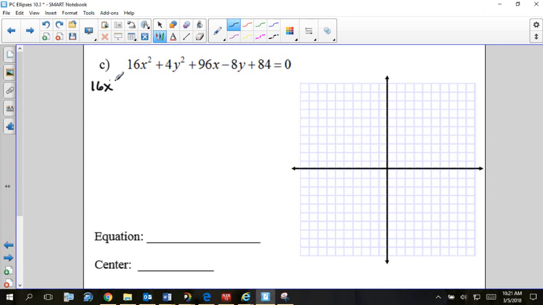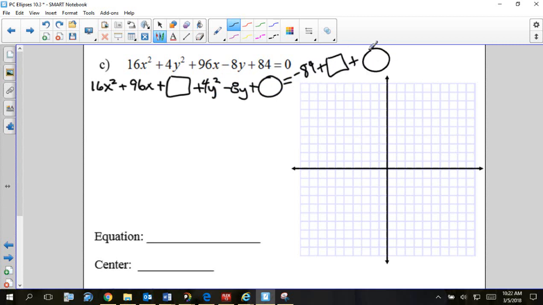We've got 16x squared plus 96x plus a square, plus 4y squared minus 8y plus a different square, equals negative 84 plus a square plus a different square.